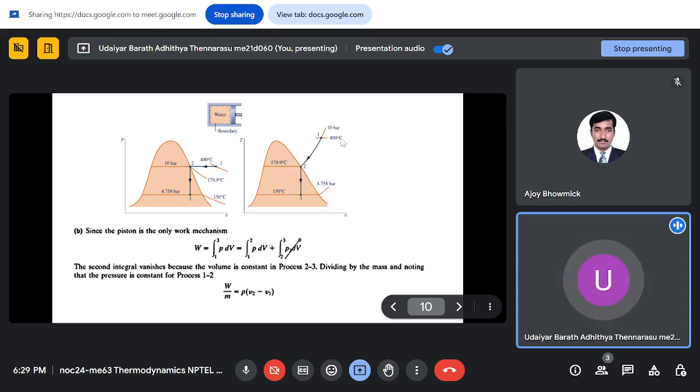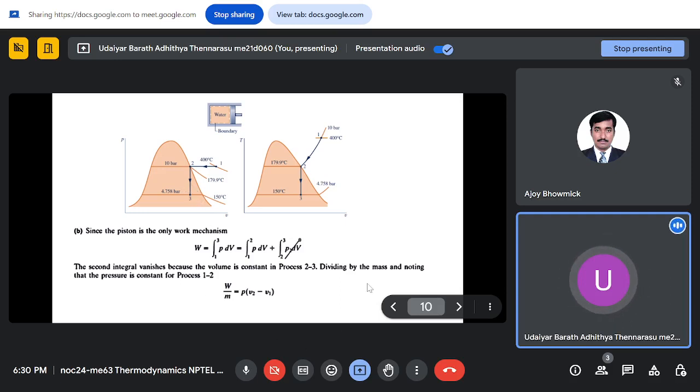We are at 400 degrees Celsius, so if you see this difference, it will be in a superheated state. From 1 to 2, again you are following the constant pressure line to reach saturated vapor, and then the constant volume line to reach 150 degrees Celsius. So we have plotted both PV and TV.